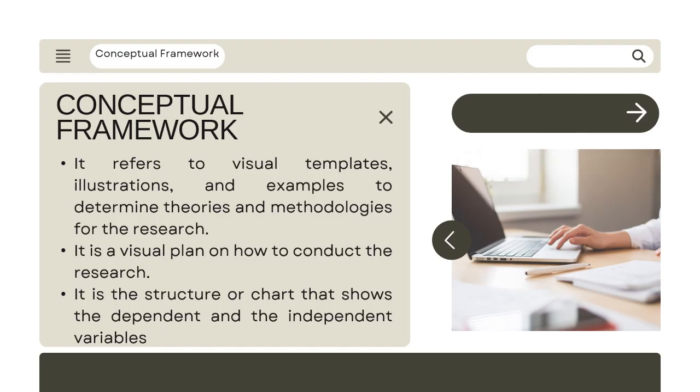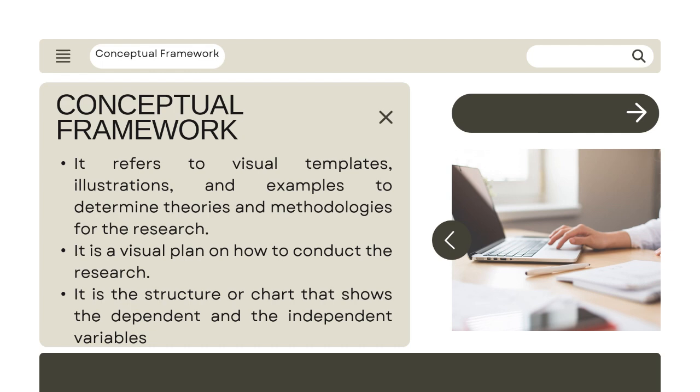So for the quantitative research, it uses the independent and dependent variables. But for the qualitative, some just use the IPO model: the input, process, and the output. You just put the diagram there on how you will process your study.